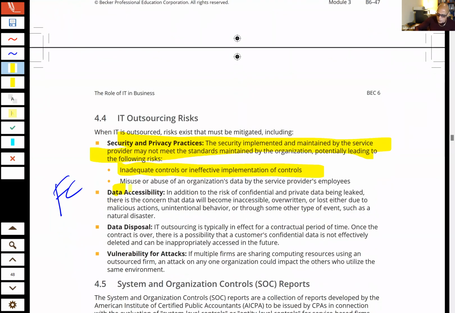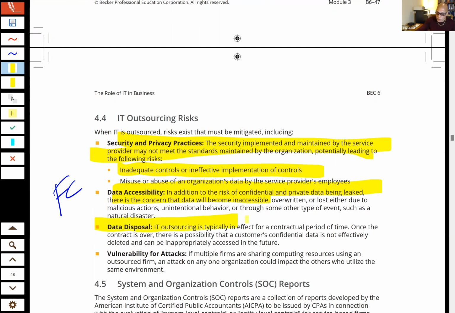Data accessibility: data may be leaked, et cetera. That's happened a few times where they hack into a system and they get a bunch of data for different companies and whatnot.